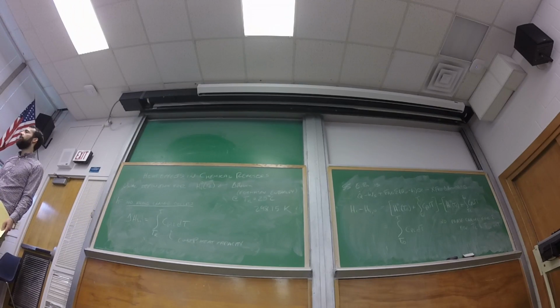Isn't Cp just dH/dT? Wouldn't it account for it? I'm sitting here having to review thermodynamics in my head. I know that it doesn't, but I can't give you a satisfactory answer right now.